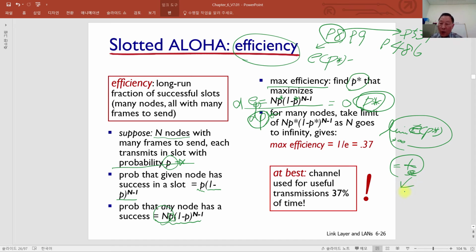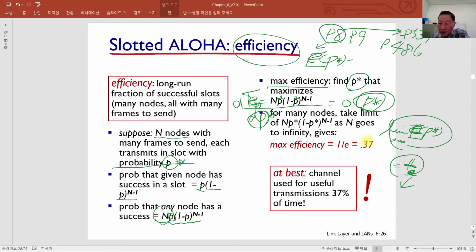E is the Euler number. This is a mathematical constant. This one can be changed like this, efficiency equation.